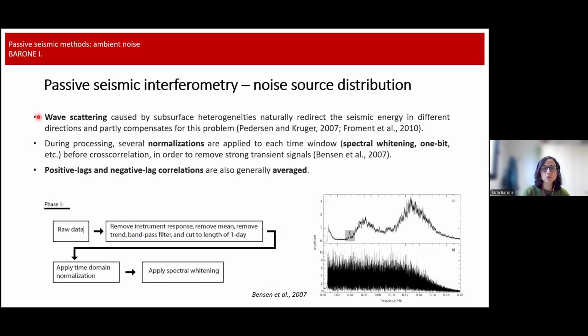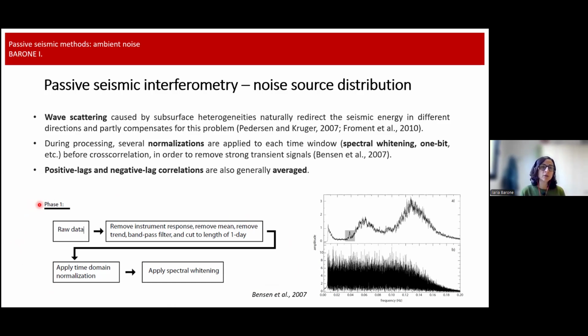But we can also do something at the processing stage. So if you have a look at this workflow, this is the first part of the workflow to obtain cross-correlation functions from ambient noise. What we generally do, we divide our total ambient noise record that could be quite long in small windows, generally overlapping windows.